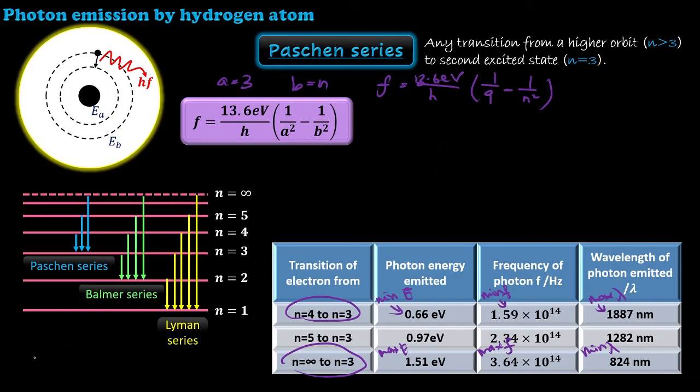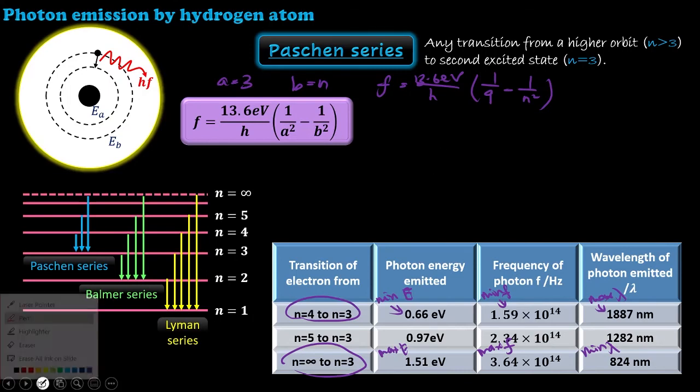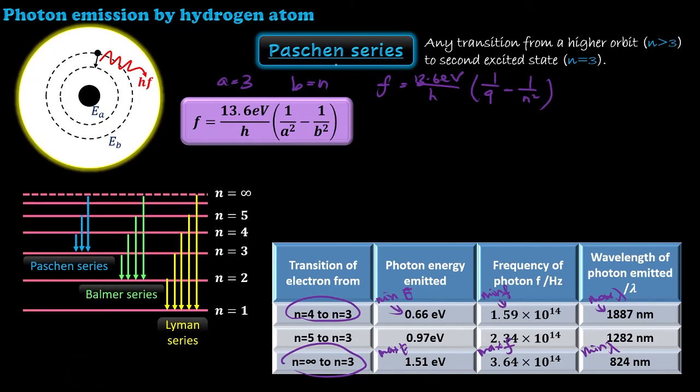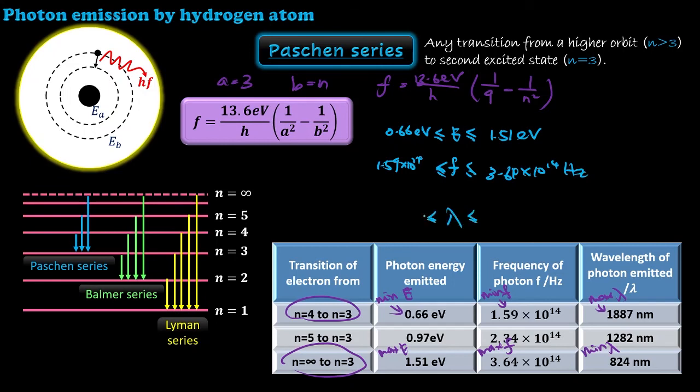So in other words, the photon emissions due to the Paschen series fall between 0.66 electron volts and 1.51 electron volts, while the frequency will fall between 1.59 times 10 to the power 14 hertz and 3.64 times 10 to the power 14 hertz, while the lambda will fall between 824 nanometer and 1887 nanometer.